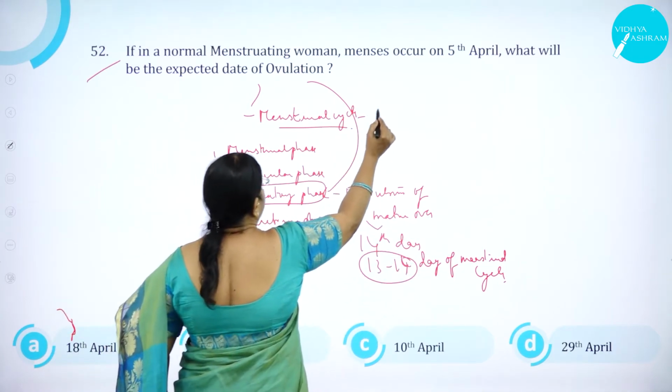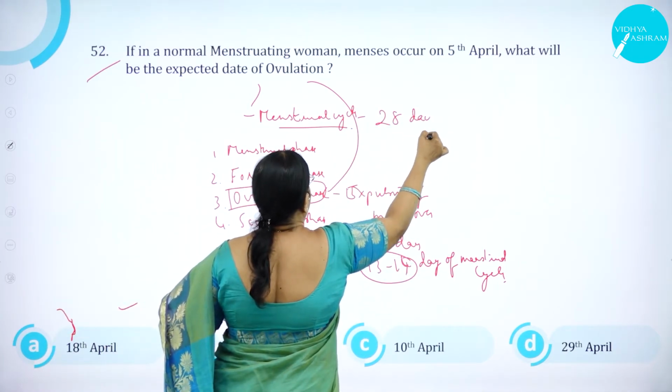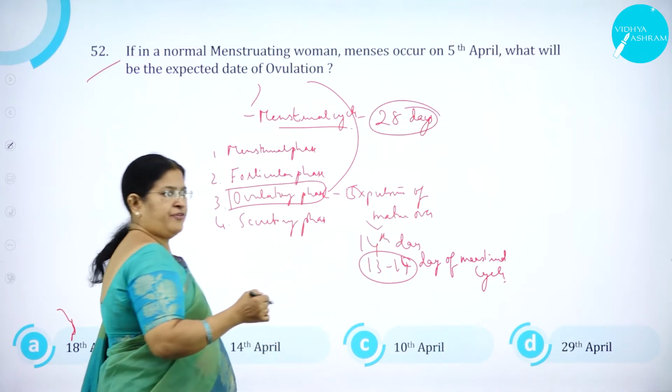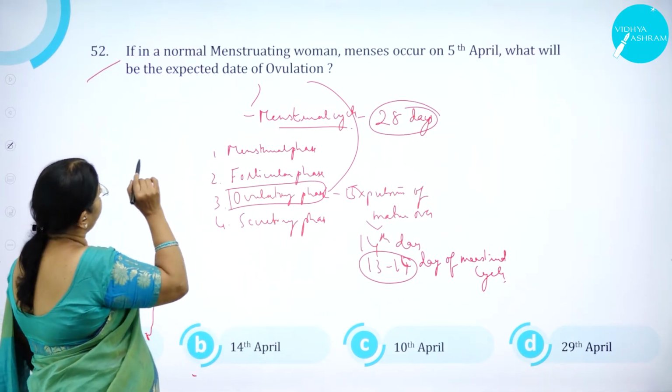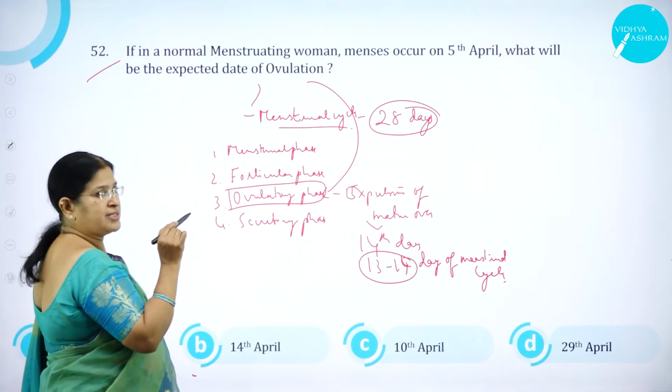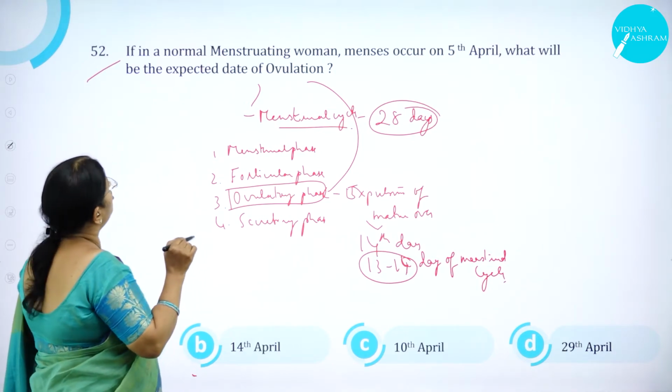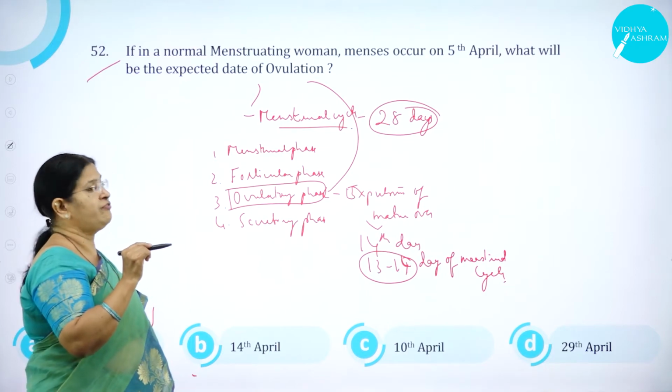The total menstrual cycle is an average of 28 days. So if in a normal menstruating woman, menses occur on 5th April, what will be the expected date of ovulation?